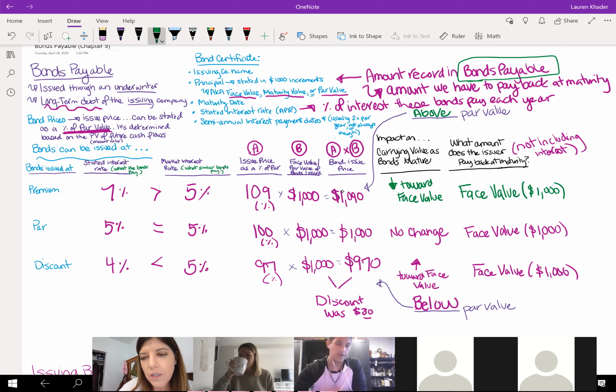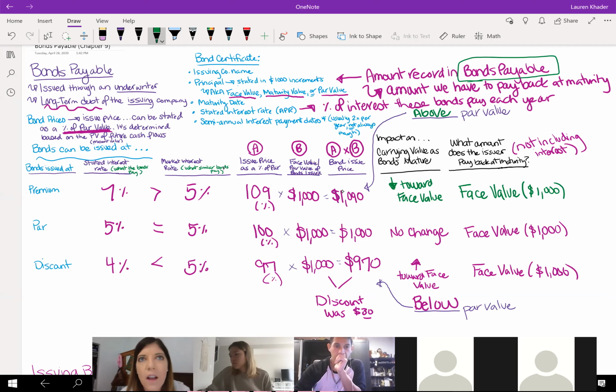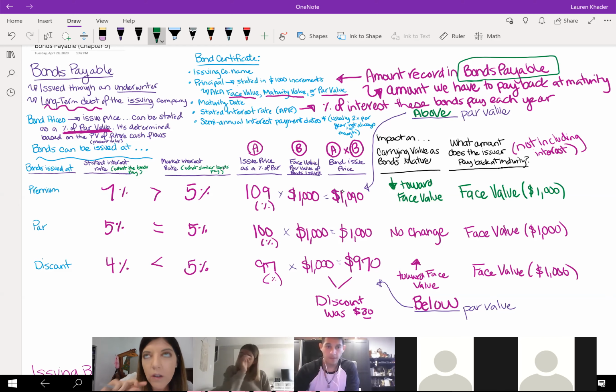Because essentially what you're receiving back is your initial investment in the company. It's the amount of interest that you're earning consistently on set dates for a set amount. So it's a very stable and easy way to estimate future cash flows for a company. Future cash flows for retirees.